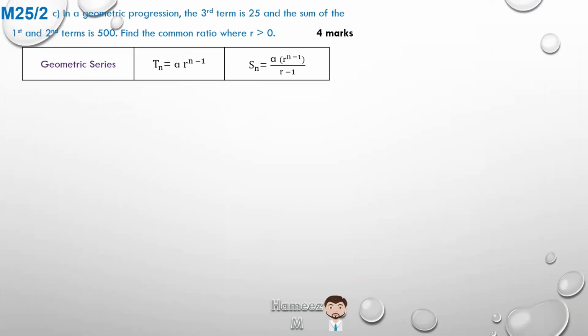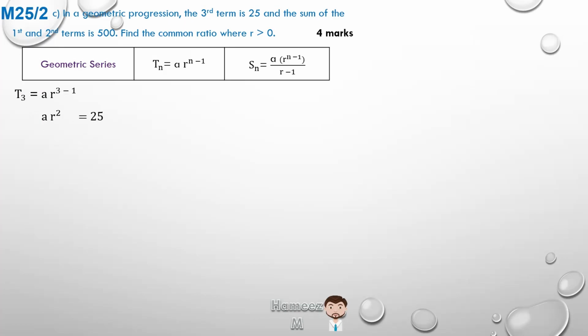The nth term is ar to the power n minus 1. If the third term is equal to 25, then n is equal to 3. So T3 is equal to a, the first term, which we do not know, times r, the common ratio, which we do not know, to the power 3 minus 1. And that is 25, so we substitute: ar squared is equal to 25.